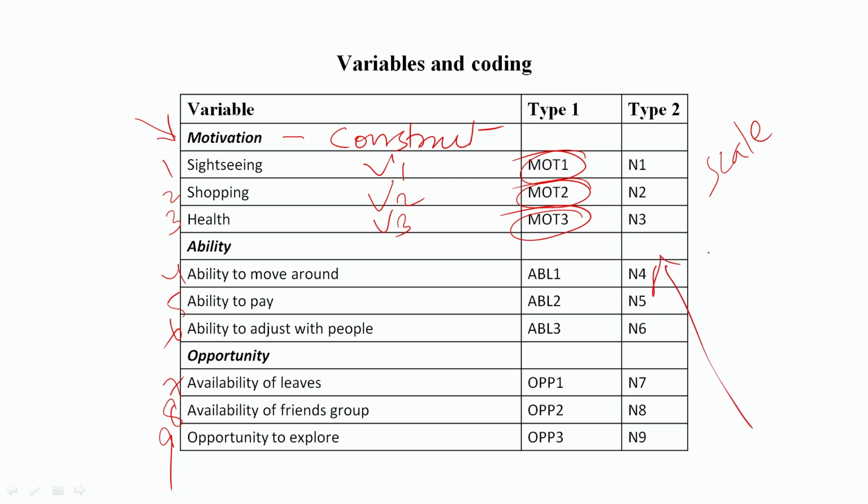So this is in continuation to the previous slide. You have to understand that scales are given with different names. The items which we import for our study, we have to properly code and number, because it will help you in the next phase of your study.